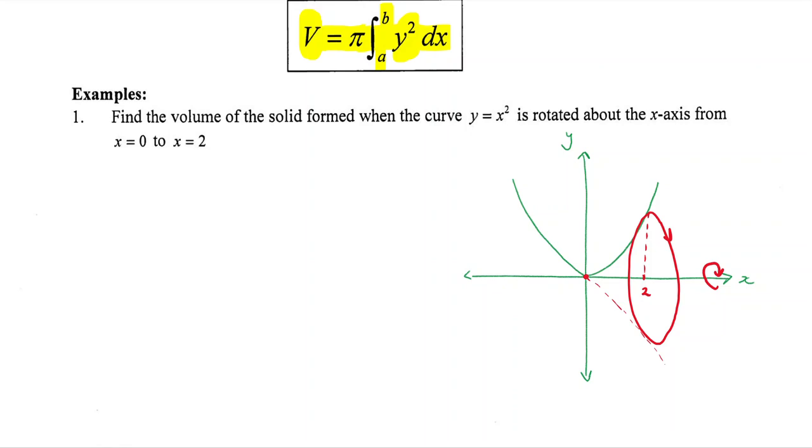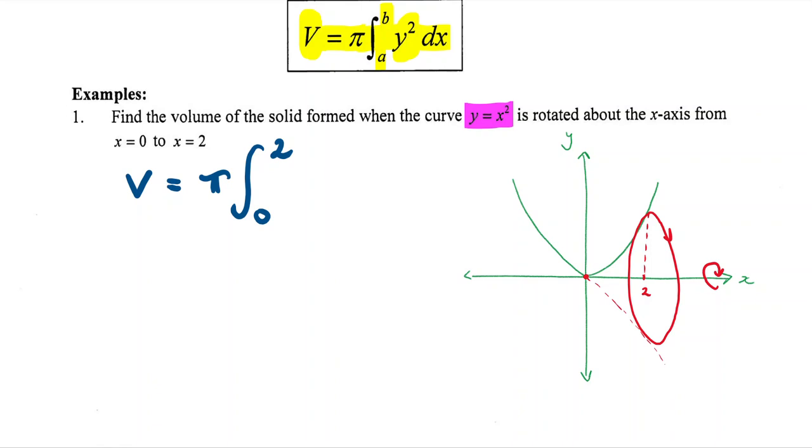Okay, so if we want to find the volume, we're going to use our formula. V for volume equals pi integral, and we're going to be integrating between 0 and 2, and we're integrating y is equal to x squared, but the formula says y squared.